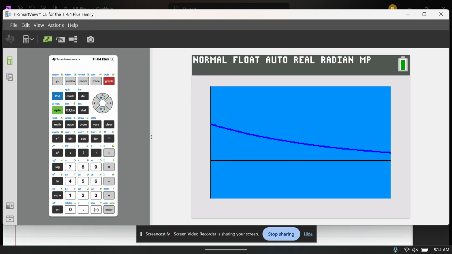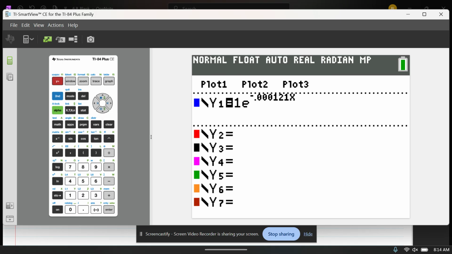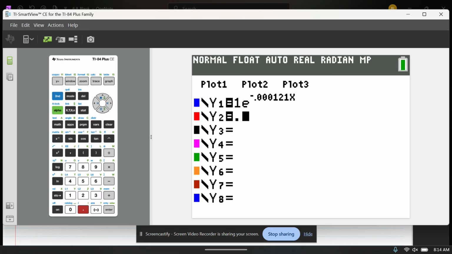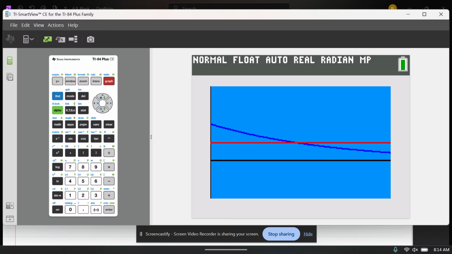Now, it says use a graphing utility to determine the time that elapsed until half of the carbon remains. So this is where half of the carbon remaining would be 0.5, 50%. And I'm going to hit graph. So this is where we're using that intersect idea. Okay. That number should be right on 5,730.